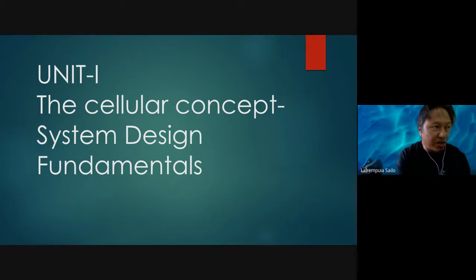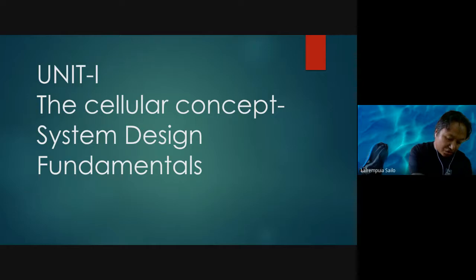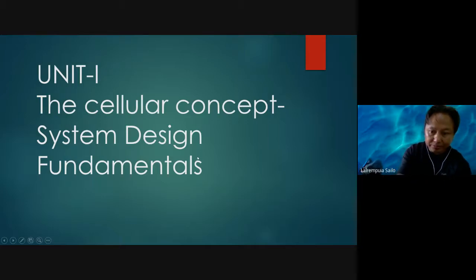Now we are using 4G, 5G is also coming up, and the latest one, 6G, is also supposed to be coming up. So different types of technology are used in cellular networks. Let's move to the next slide.